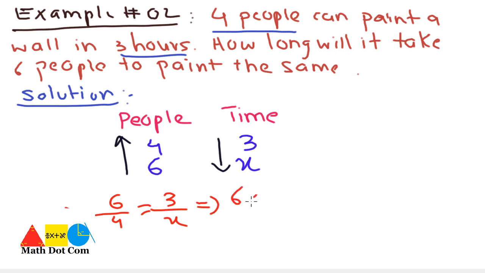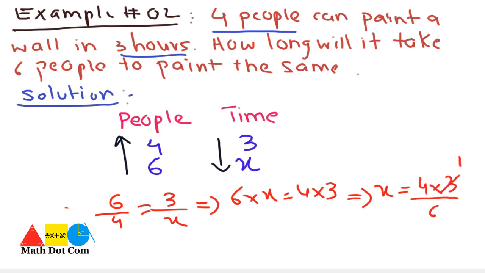So 6 into x, cross multiply them, is equal to 4 into 3. Then x is equal to 4 into 3 over 6. 2 twos are 4, 2 threes are 6, so x is equal to 2.